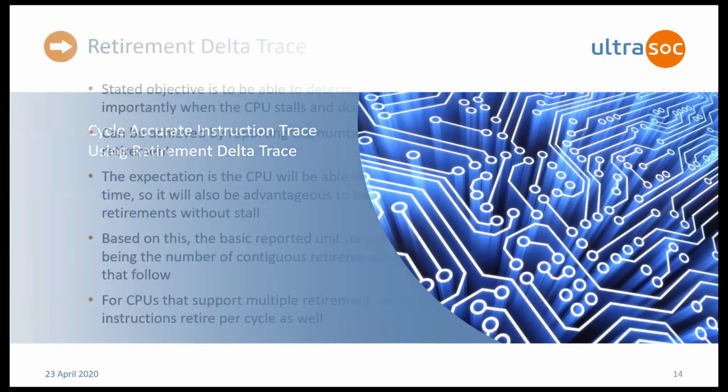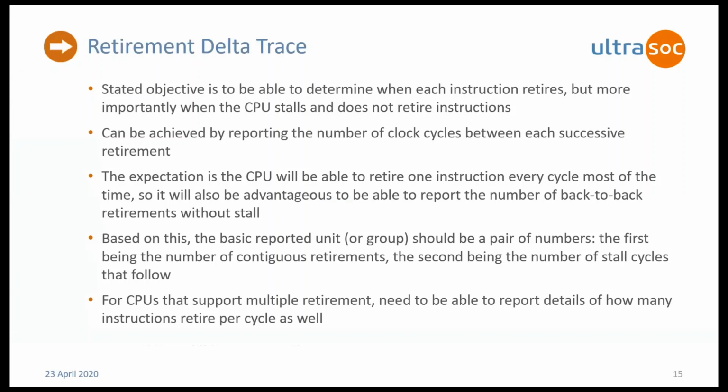The objective of retirement delta trace is to be able to determine when, time-wise, each instruction retires, but more importantly, identify CPU stalls and the time between retirements. To do that, we report the number of clock cycles between each successive retirement.